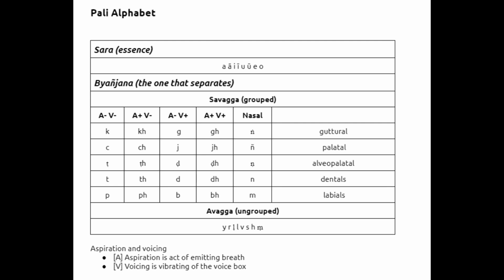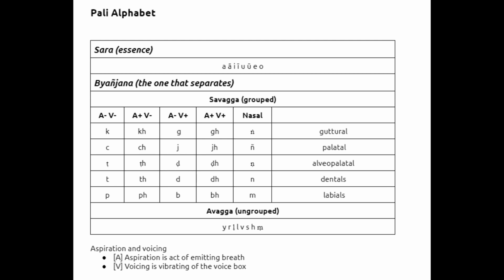Then we have these column headers. And these show that for each sound that is made at each of those places, you have 5 basic sounds, and these are the ones that are used in Pali. There are others. Sanskrit uses some, and of course other languages use others. But of the ones that are used in Pali, there are 4 types, and they're easy to differentiate.